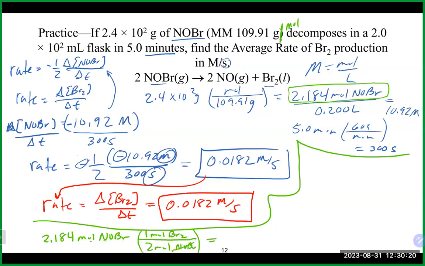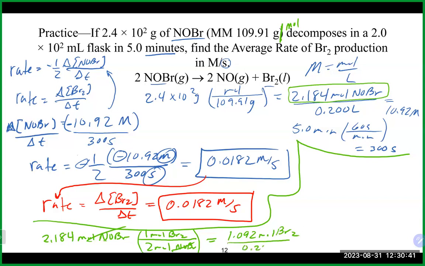The moles of NOBr would cancel just like you're doing a little stoichiometry problem. And you would end up with here 1.092 moles of Br2.